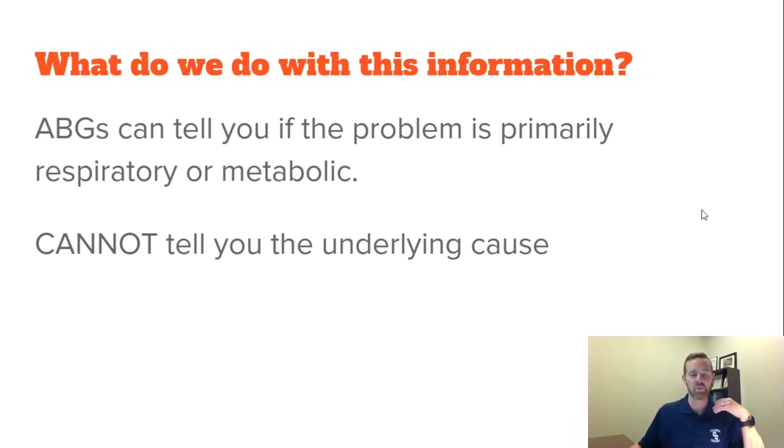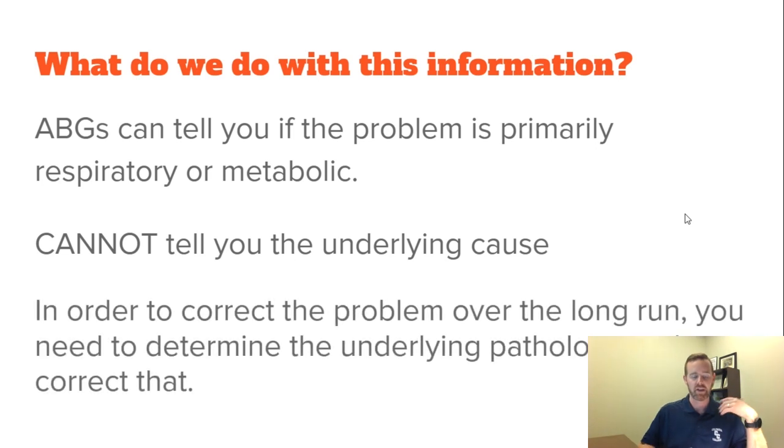So of course the only way to fix diabetic ketoacidosis is over the long term. You have to correct the hyperglycemia, you have to correct the electrolyte imbalances, and support the patient's renal function. So we can use the ABG along with the patient's clinical presentation to figure out how we should adjust drug treatments, sometimes ventilator settings.